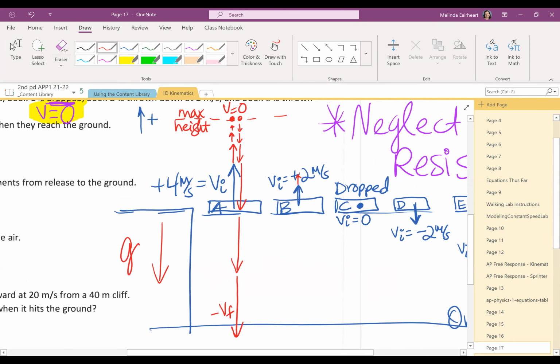No. Right, so it's going to come right there, and then it's going to shift over. And when it reaches the height of the building, it returns to 2 meters per second, right? And it's going to keep speeding up, right? But compare that speed of impact to the book A. It'll be less.